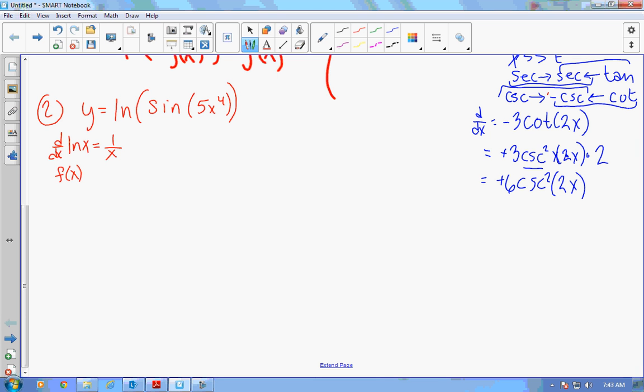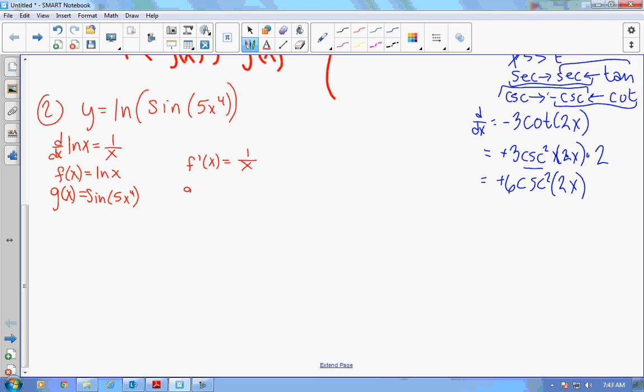So f of x is natural log x. F prime will be 1 over x. The stuffing, g of x. Claudia, what's the stuffing? Up there, what's the stuffing? Sine of 5x to the 4th.